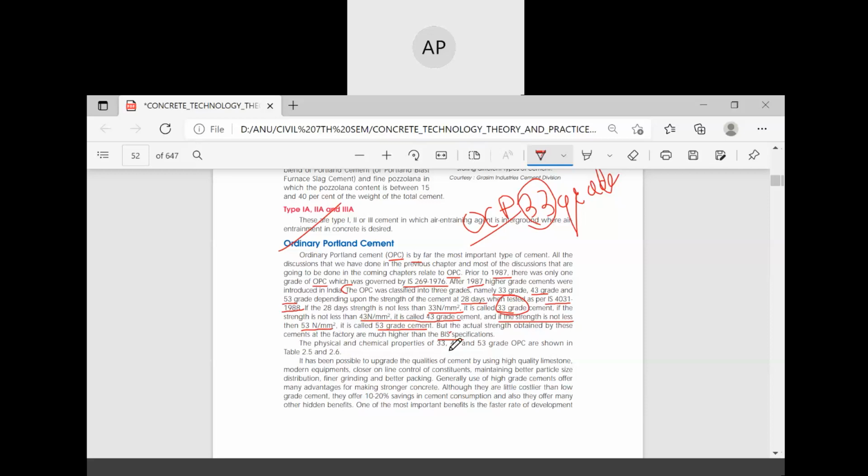The physical and chemical properties of 33 grade, 43 grade, and 53 grade OPC cement are shown in the table. Let me show the table.